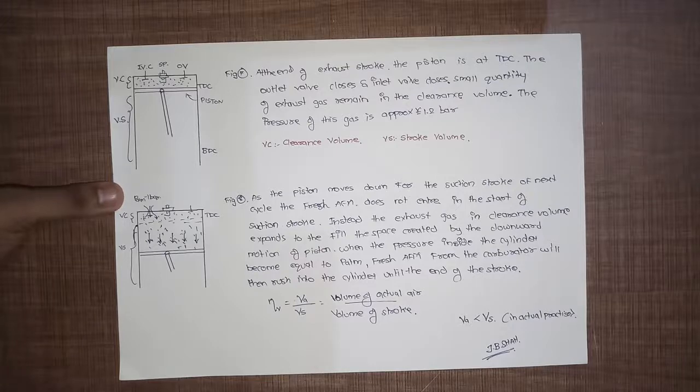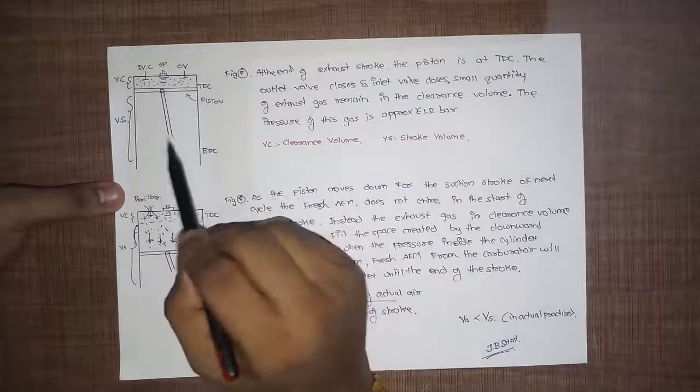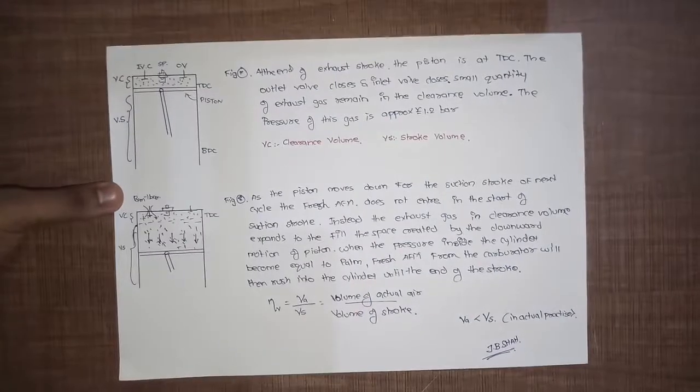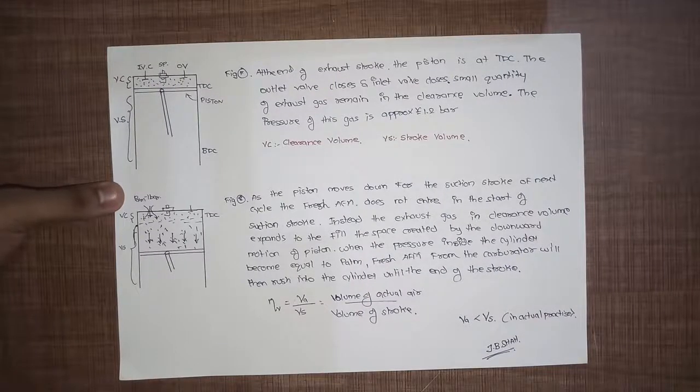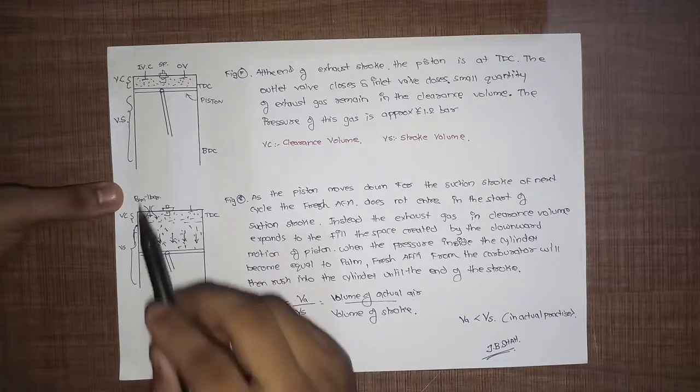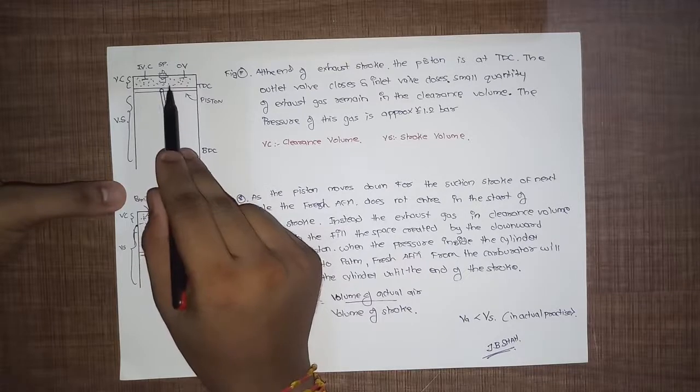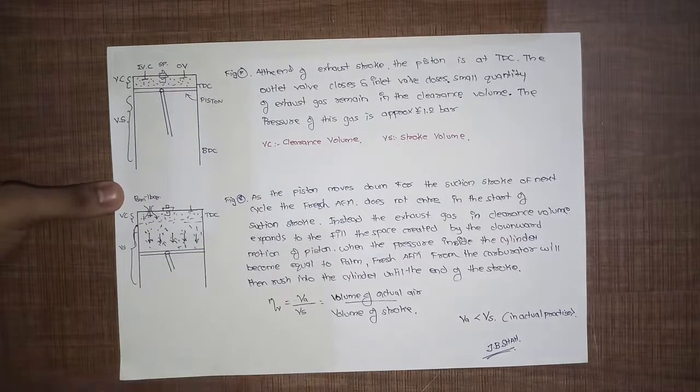Now, what happens when the piston reaches top dead center at the end of the exhaust stroke? Some gases remain in the clearance volume. As we know, the pressure of these gases is higher than the atmospheric pressure.